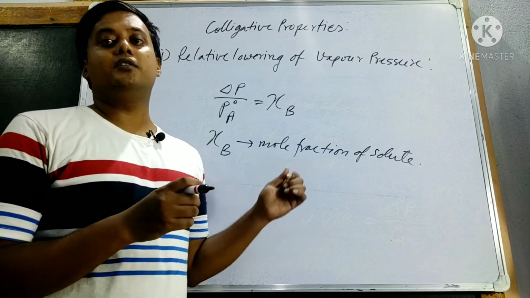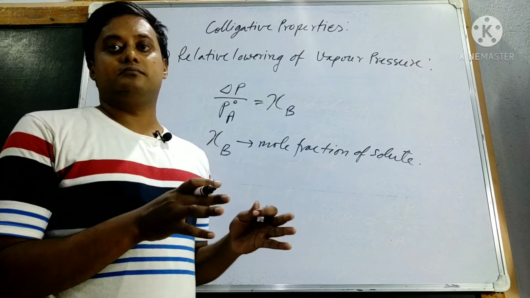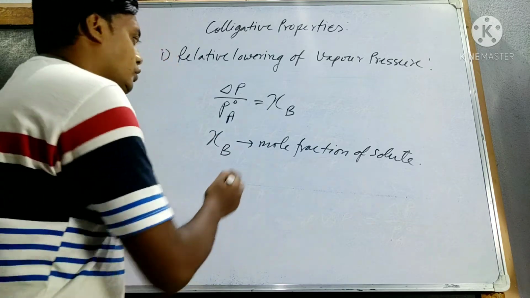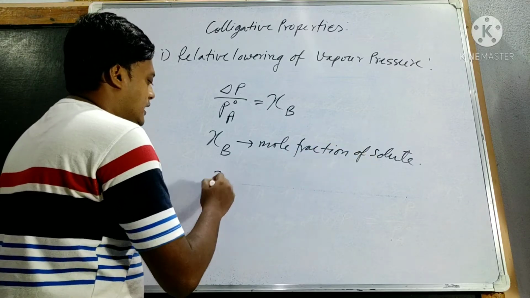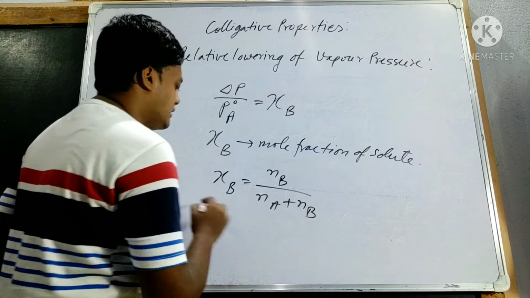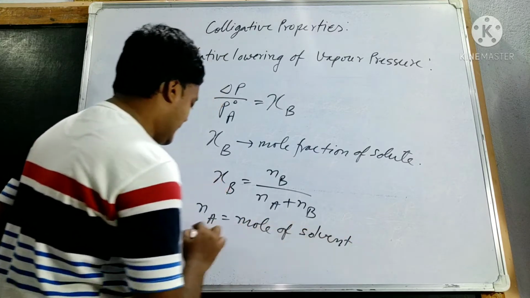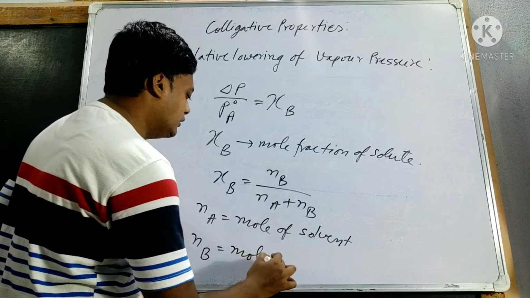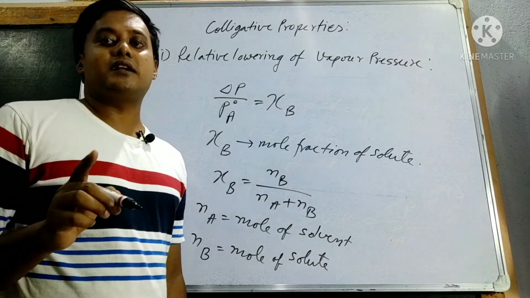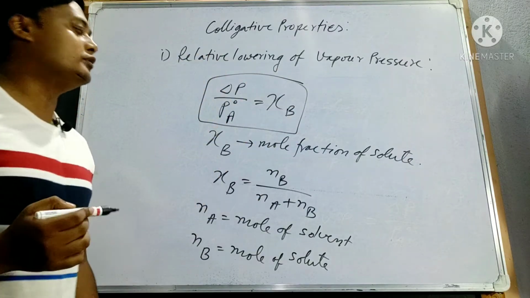Go through that one, because here we have to apply molarity, molality, mole fraction, all these concentration terms, so we have to remember their expressions and definitions. So the mole fraction of solute, chi B, equals Nb by Na plus Nb, where Na is moles of solvent and Nb is moles of solute. Always remember A stands for solvent, B stands for solute. So that is the mathematical expression of relative lowering of vapor pressure.